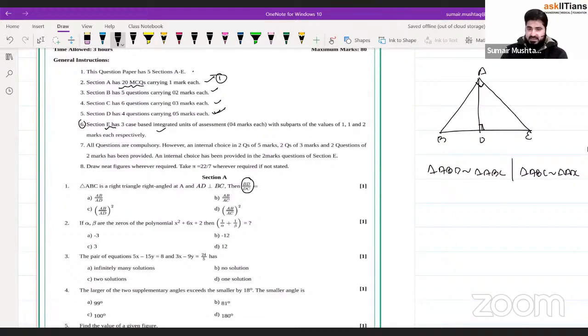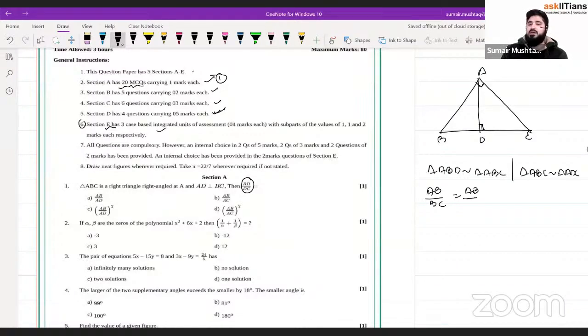If ABD is similar to triangle ABC, can I say AB over BC is equal to BD over AB? Just check it out.